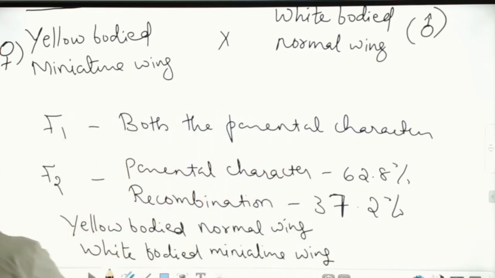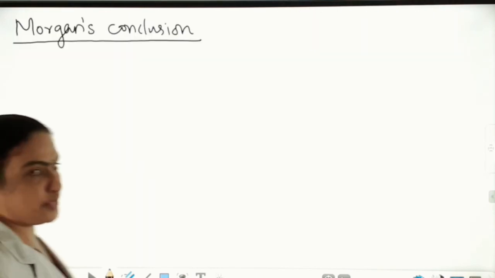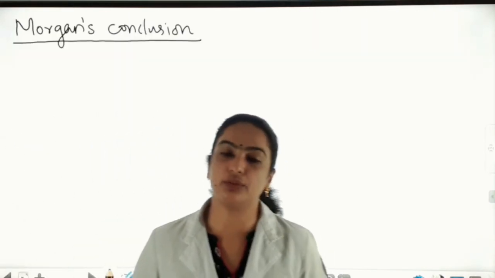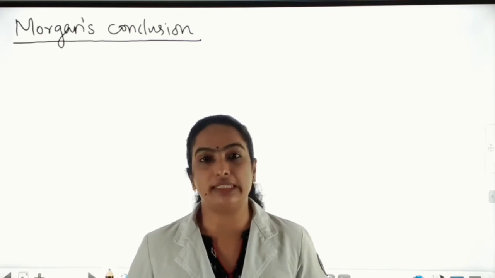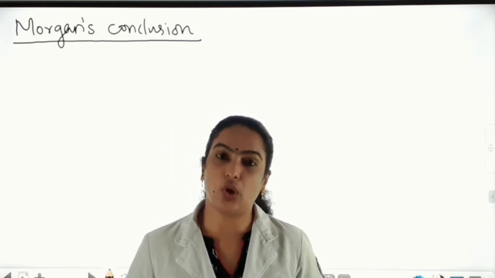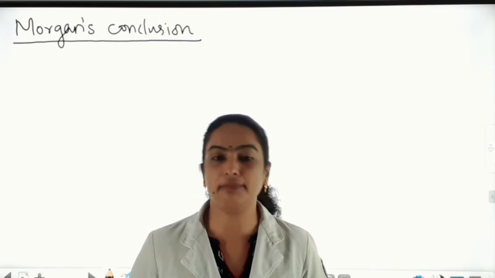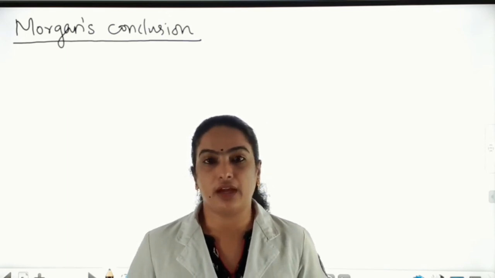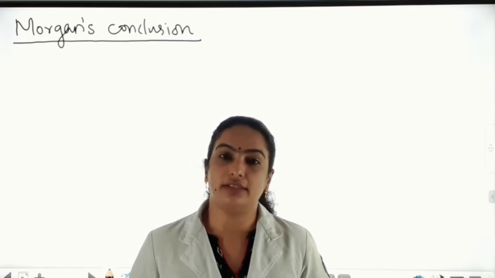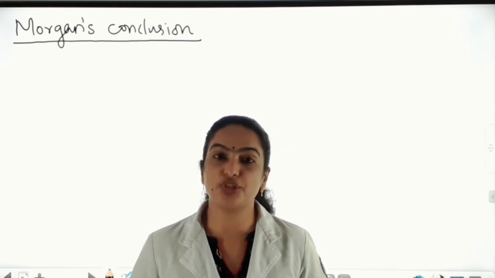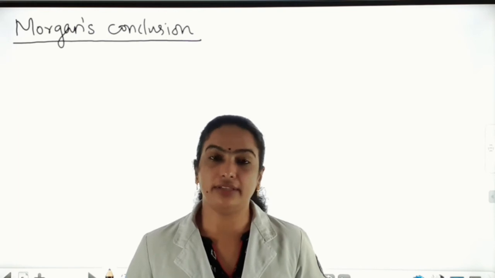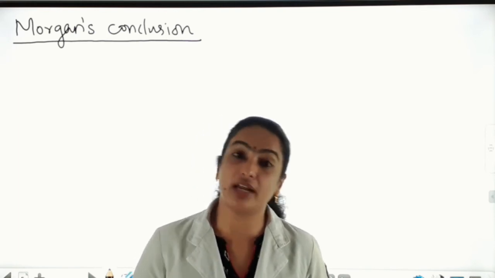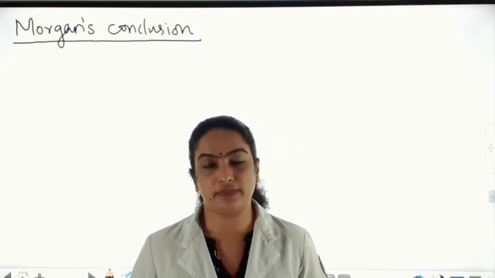Let's see Morgan's conclusion. Morgan's conclusion was, when two genes in a dihybrid cross are present in the same chromosome, the proportion of parental combination is much higher than the proportion of recombination of genes. Is it clear?